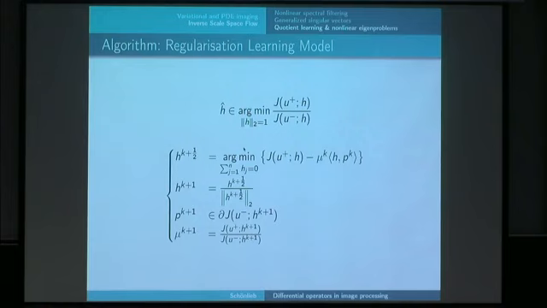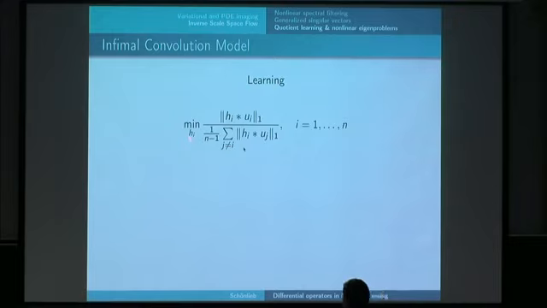And now what can we do with this? One thing that we looked at is to use this quotient learning for training a regularizer that is given by an infimal convolution of different terms. So now you can think about it like this. You want to solve, in this case, for n filters h_i, which are very sparse for the u_i, you could have more than one, and very non-sparse for all the rest, for all the u_j's.